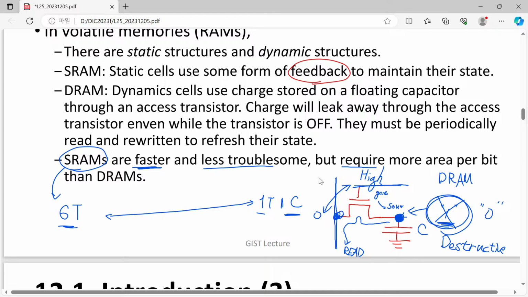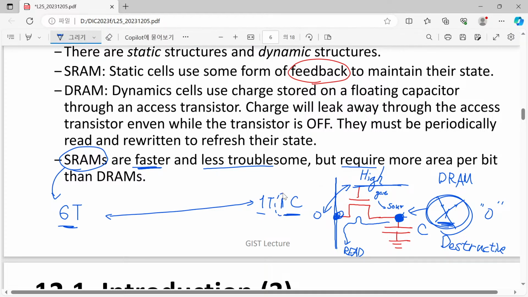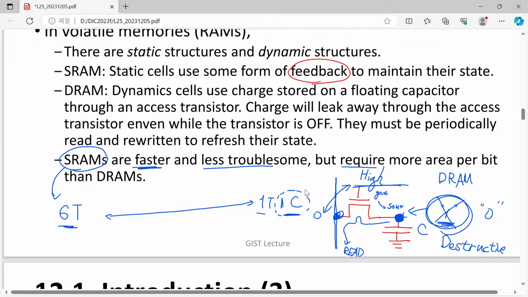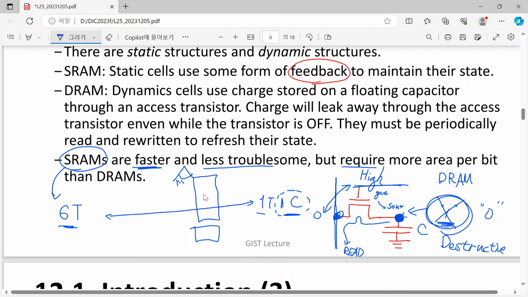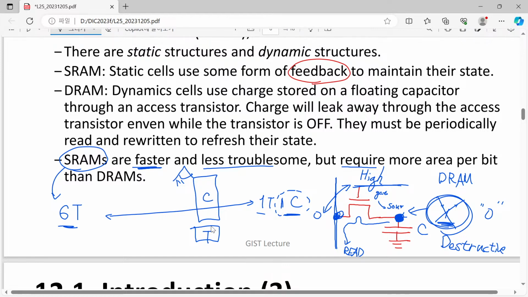But please note that this 1C is usually integrated in a way that below our transistor we place our capacitor. So from the viewpoint of the top view, this capacitor and transistor are vertically placed, and it does not consume any further area.